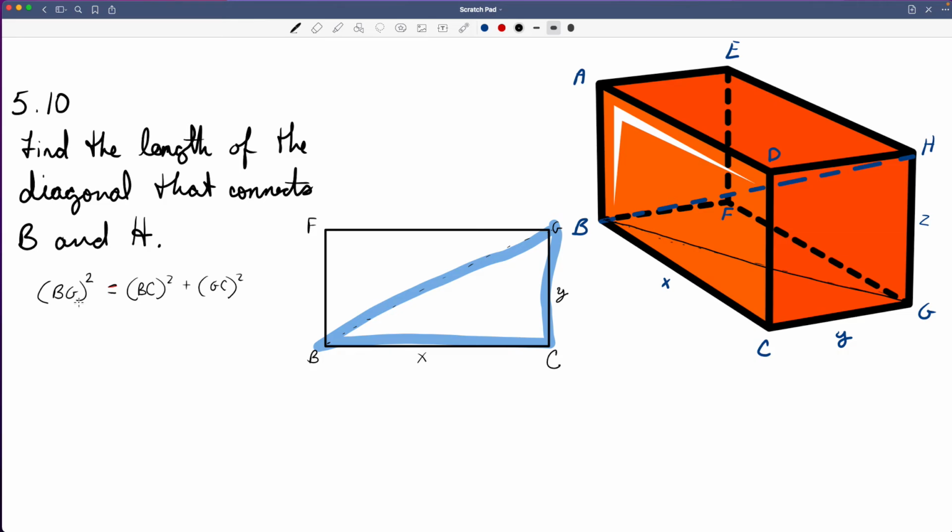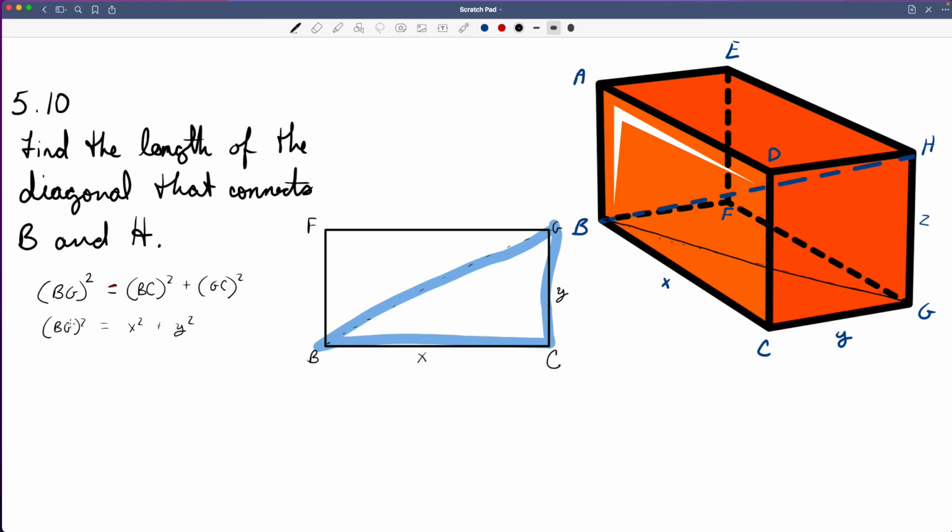This is the value of BG. Now we need to unsquare everything. And we know that BC is X, so we can rewrite this as BG squared is equal to X squared plus Y squared, because this is X here and this is Y here. Whatever that value is, this is squared and that is squared. And this is the hypotenuse that we have.